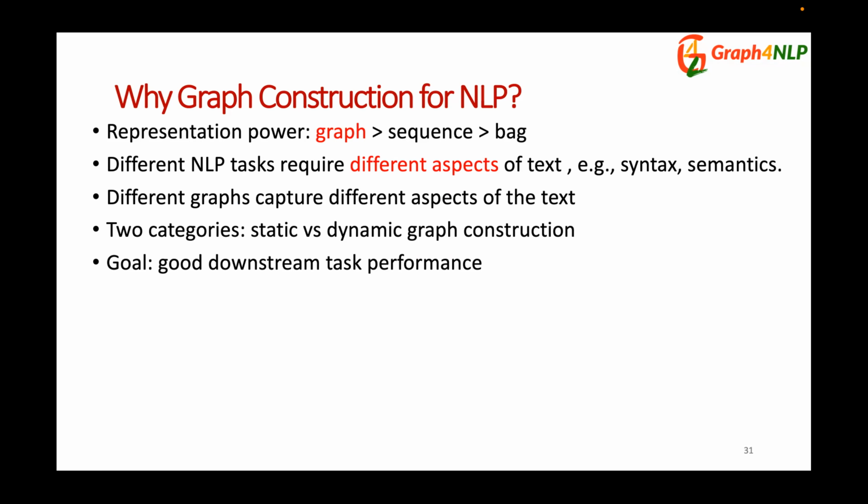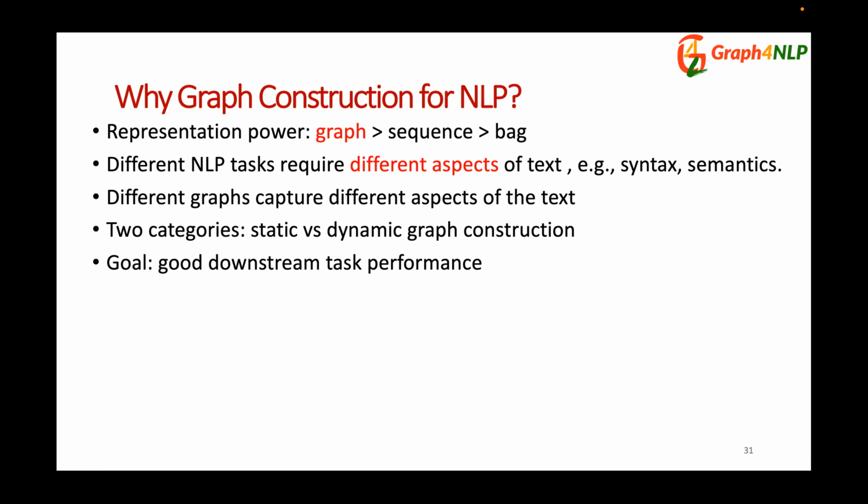Different NLP tasks require different aspects of the text, such as syntax and semantics information, and different graphs capture different aspects of the text. Therefore, how to convert the text to a graph is an important yet challenging problem, which really depends on which aspects of the information we want to capture in a text graph.